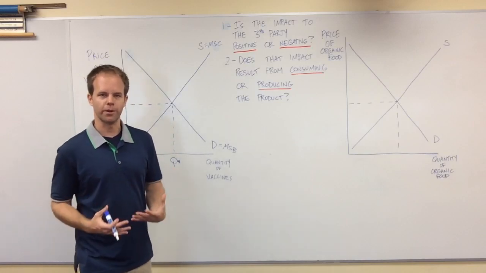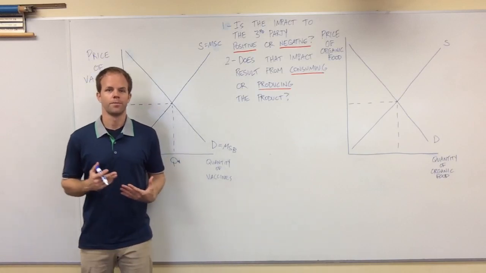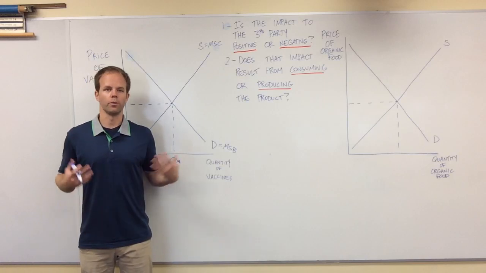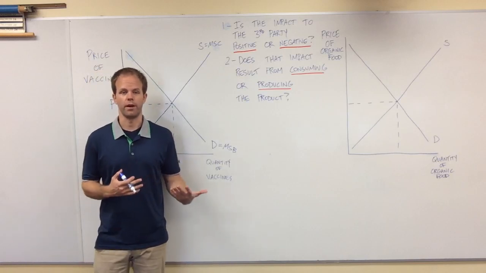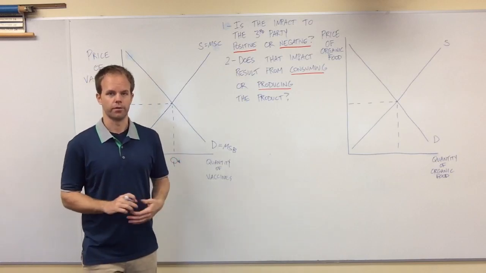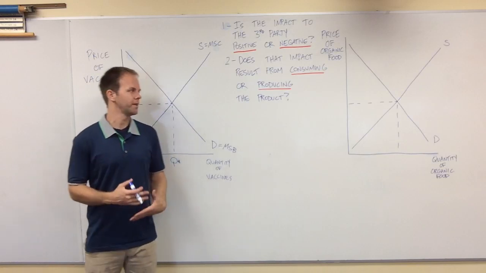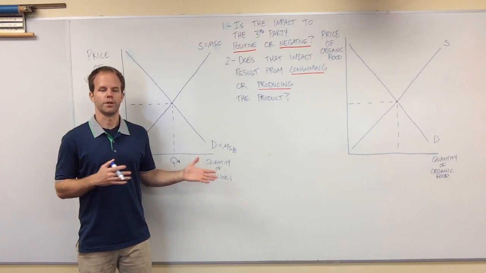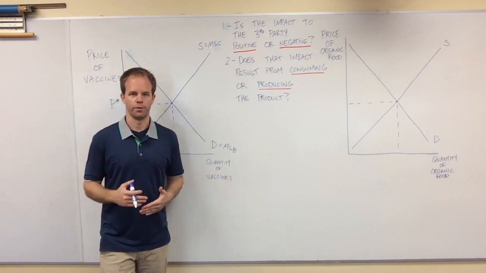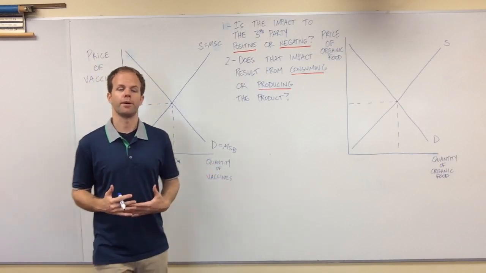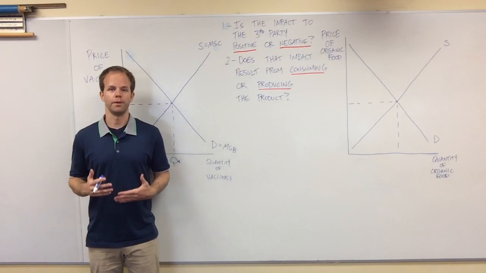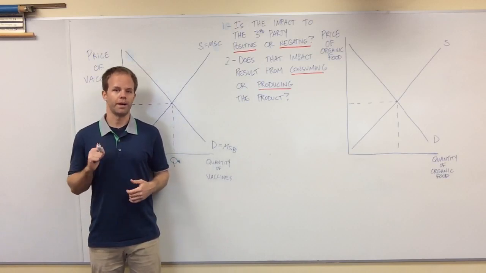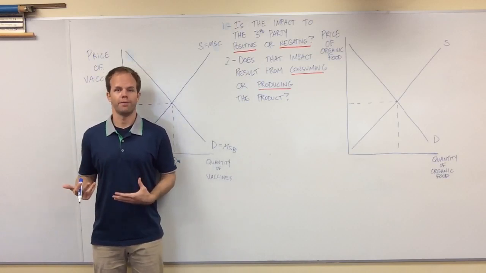But I think we can all agree at the moment that vaccines are under-consumed, or you could say flu shots, right? Same idea here. They are under-consumed. It is the act of actually going and getting a flu shot that results in a positive impact to a third party. So in this case, the third party is going to be people who don't buy flu shots and don't buy vaccines.